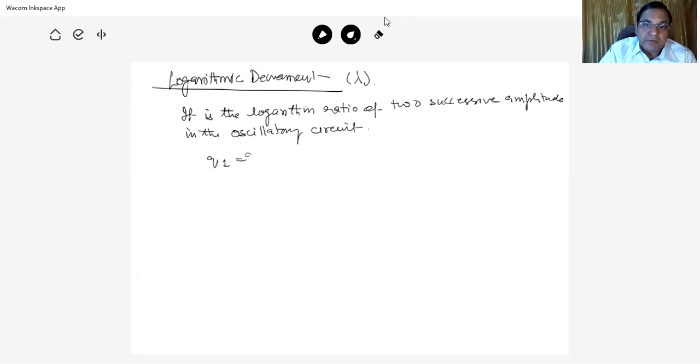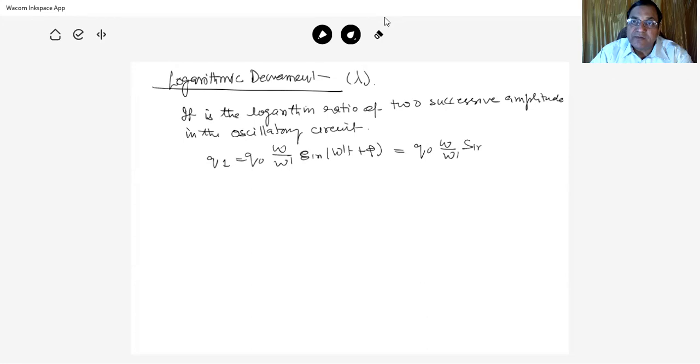Q1 is equal to Q0 omega by omega dash e raised to the power minus bt sine omega dash t plus phi. And this value is Q0 omega by omega dash sine phi at t is equal to 0.